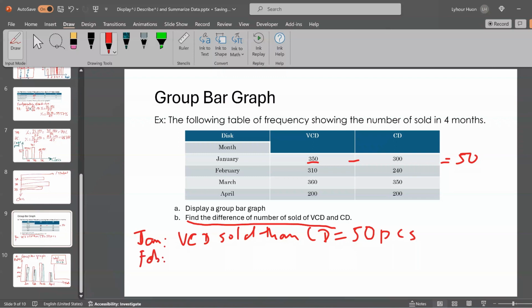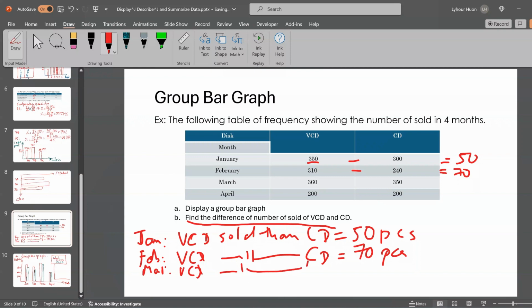For February, it's 70, VCD sold more than CD, 70 pieces. March, it's 10, VCD still sold more than CD, 10 pieces.